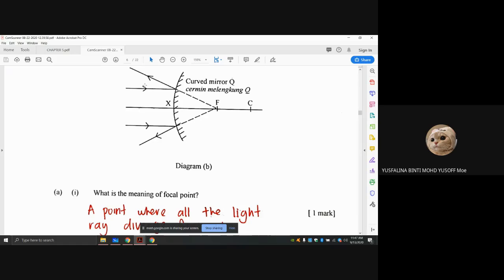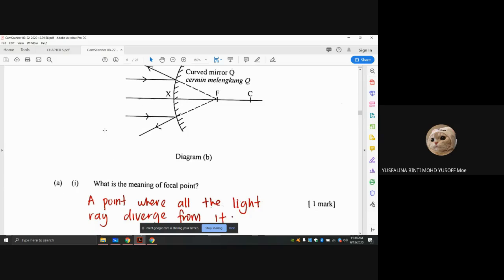So if the question asks you the meaning of the focal point for the concave mirror, the meaning is a point where all the light rays converge to it.